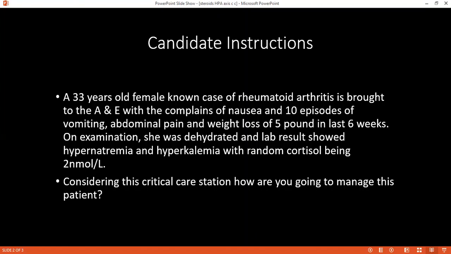Okay, can you mention how this steroid affects different organs? You were telling me about the cardiovascular system. Yes, this glucocorticoid acts on the CNS, inducing mood or behavior change. Also it acts on the skin, causing thinning and atrophy of the skin.